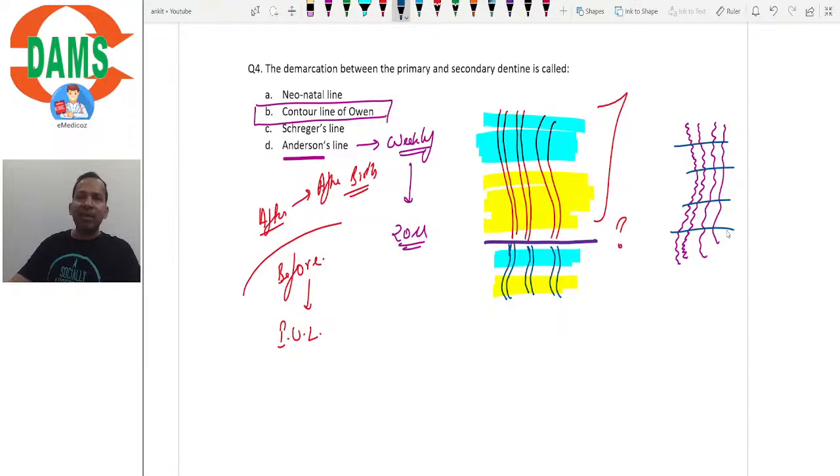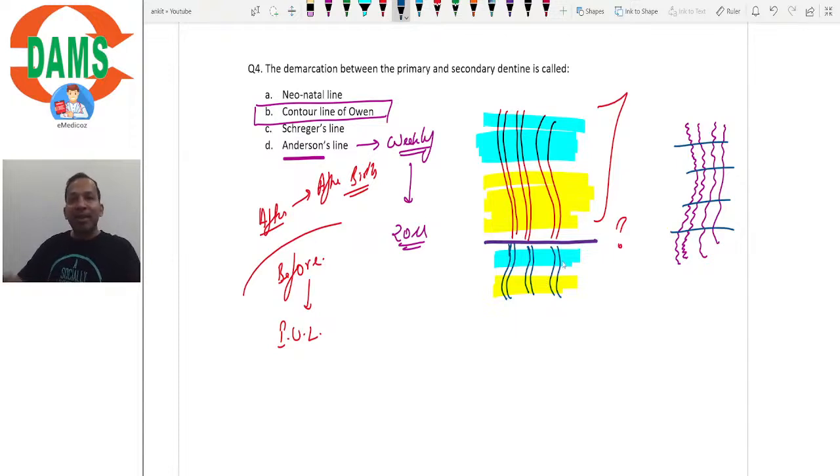Later on we said that any region in the tissue which marks an area of hypomineralization can also be included under the contour line of Owen. Here there is a shift in the direction of the dentinal tubule. There is a sudden demarcation, a change in the mineral deposition.